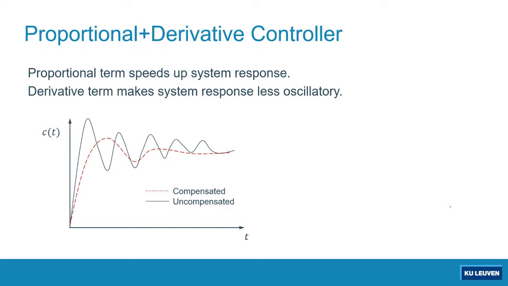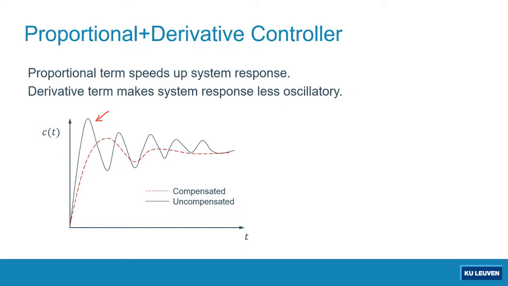For example, if you have a system that originally is oscillating too much, like what you can see here, the black curve here illustrates the step response of a system where the performance in terms of the transient is not really good.